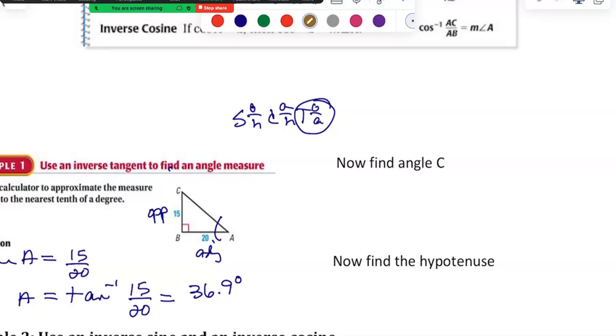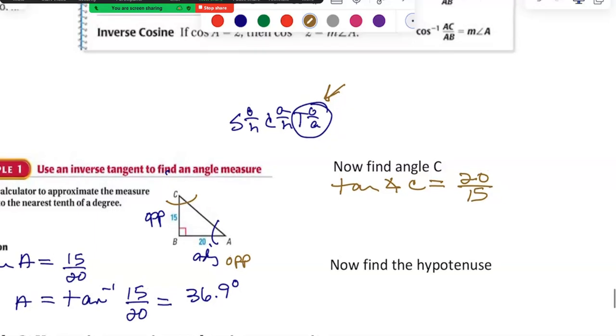Now they say find angle C. From angle C's perspective, I still don't have the hypotenuse, so I'm still going to use tan. So the tan of angle C equals opposite, this time 20 over 15. This time this is opposite and this is adjacent, because remember, the orientation changes. What never changes?